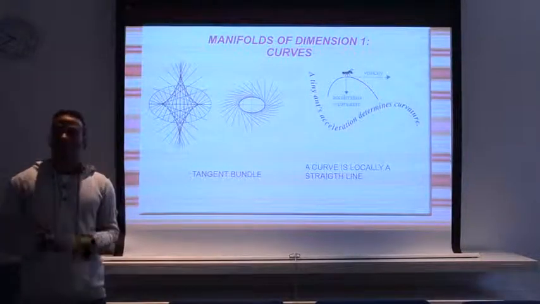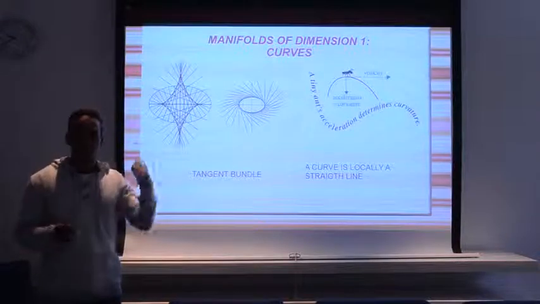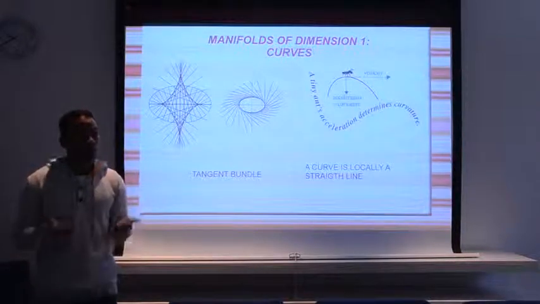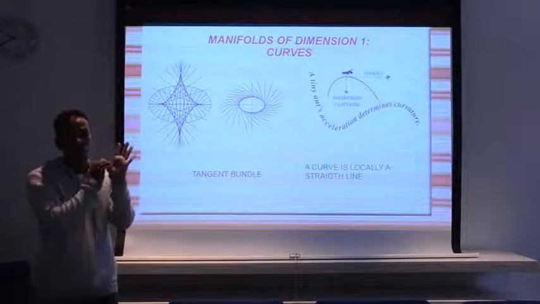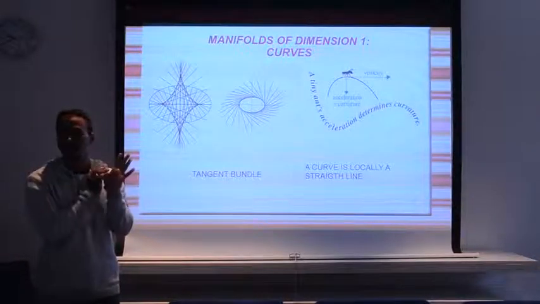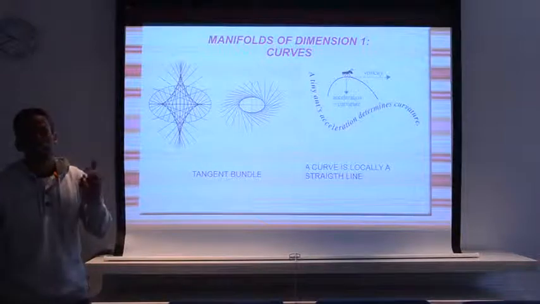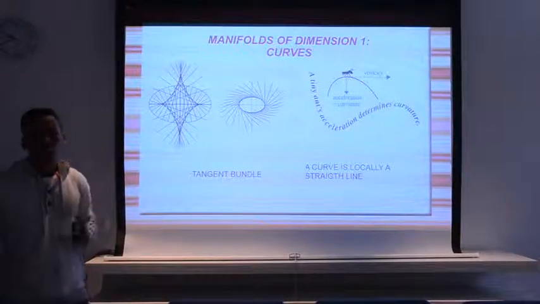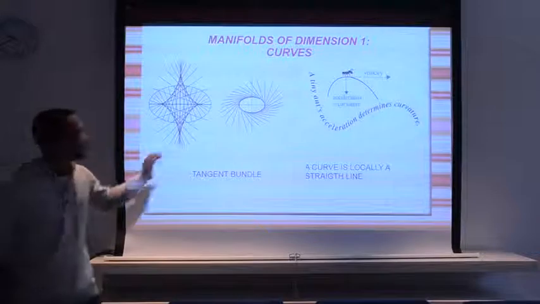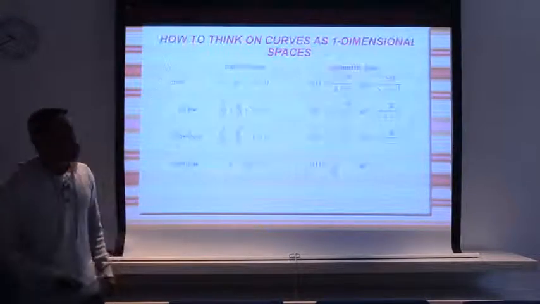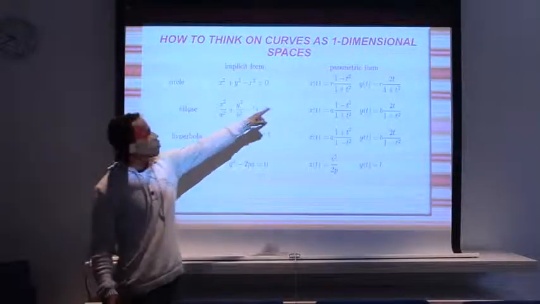In accordance with my definition before of dimension as the amount of data used to talk about one point, just one parameter would be necessary to describe points on the curve, and that's why we have a parametric form to describe it.